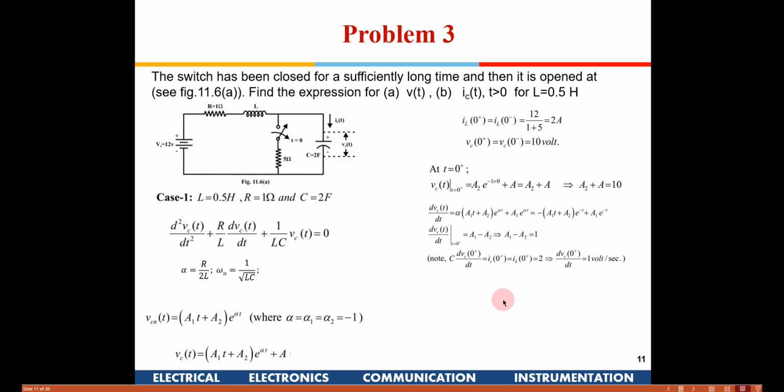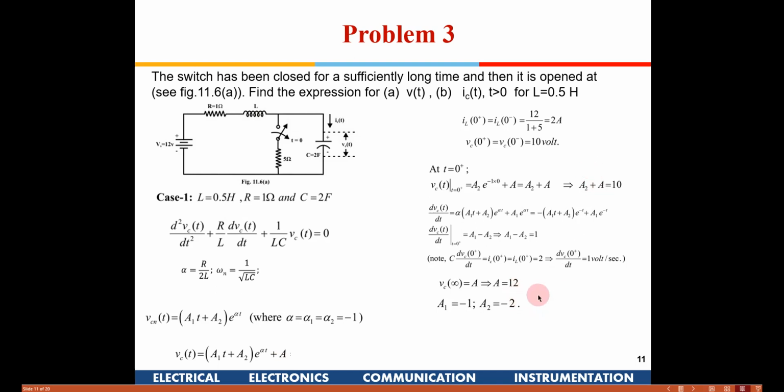And we can also find the third equation, which is nothing but Vc infinity. At t equal to infinity, this switch is thrown open here, so the capacitor will get charged to 12 volt. If you put t equal to infinity in this equation, this whole term goes to 0 because of the minus 1 out here, so you get A as 12.